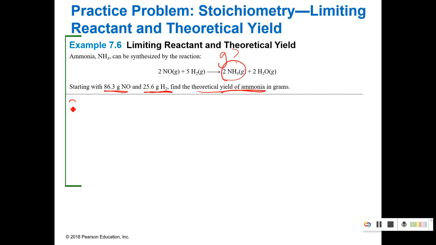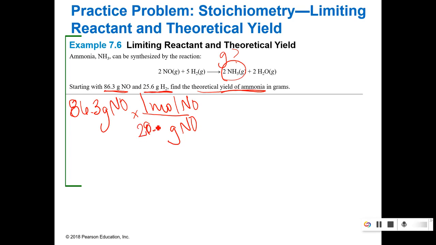Starting with our 86.3 grams of NO, I'm going to get to moles of NO. So remember, grams of NO is 1 mole of NO, and I use my periodic table: 14 plus 16, 30.01.